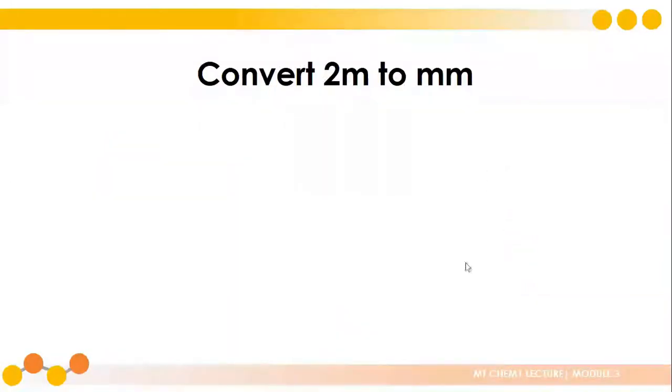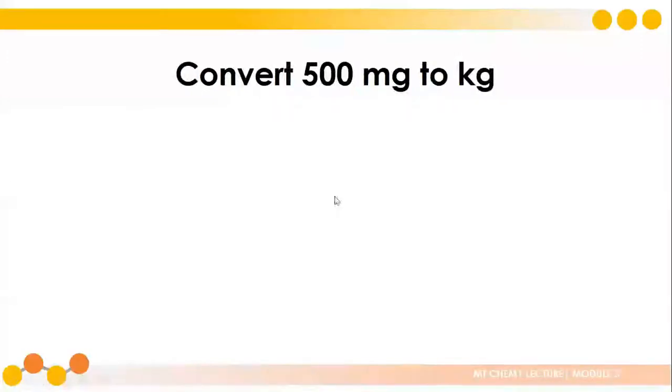Okay, let's check another one. Let's try to convert another one. This time we're converting mass. So we have here milligrams to kilograms. Let's try to use the KHD and the DCM method.